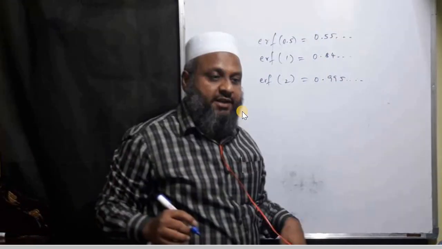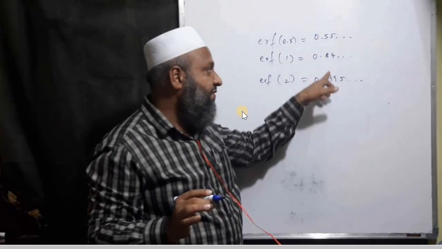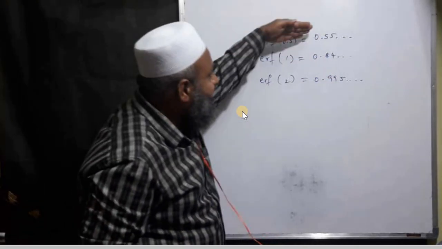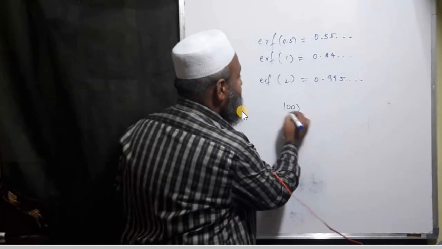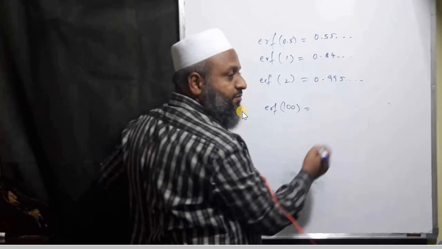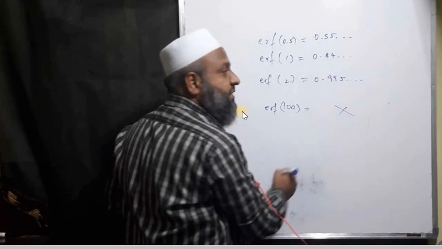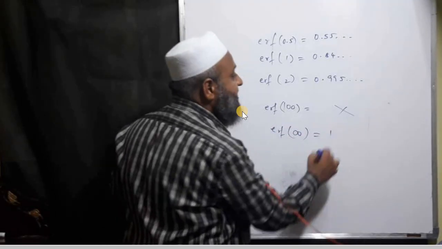It is clearly indicating that when x is increasing, this particular value is increasing. Then if it goes on increasing that way, some person may think that if it is taken 100, it will cross 100 or be some very big number, but that is not the case. The error function, even at infinity, is just 1.